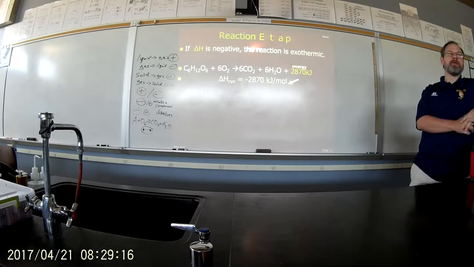Chemists are weird. They don't like to use standard units. They like to use all sorts of other unstandard units. So rather than saying 2.8 million joules, they say 2,800 kilojoules. And notice the value is negative. The value is negative because the process is exothermic.